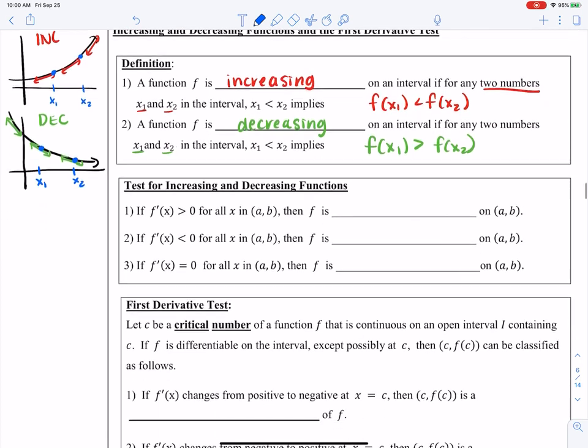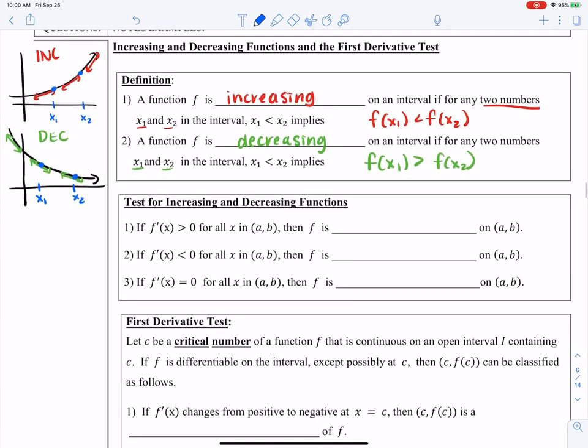Moving along into what calculus tells us about increasing and decreasing functions, a positive derivative means the tangent lines are positive, which tells us that f is an increasing function. If the derivative is negative, then f is a decreasing function.